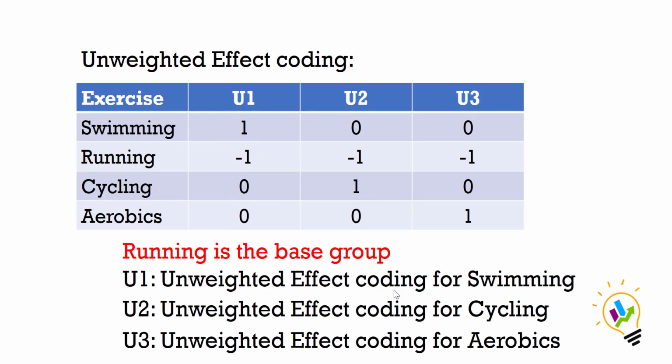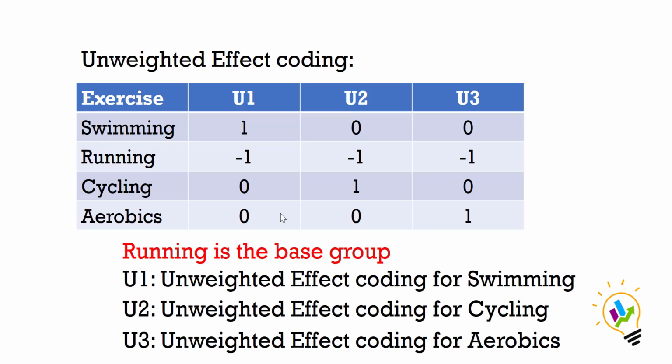For the unweighted effect coding, you can see we have 4 levels: swimming, running, cycling and aerobics. So how many unweighted effect codings are we creating? 3: U1, U2, U3. Among these 4 categories, first we must decide which one you want to make as a base group. For example, I have taken running as a base group. So in unweighted effect coding, the running should be given minus 1. You can see here minus 1, minus 1, minus 1. So 3 variables I am creating from one categorical variable.